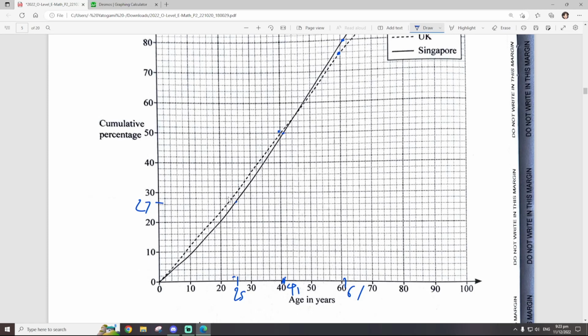At the 25th percentile, which is here, the age in Singapore is what? 23? Looks like 23. Okay. Oh wait, no. It's 24. 24, sorry. Very difficult to see sometimes. But I think it's 24.